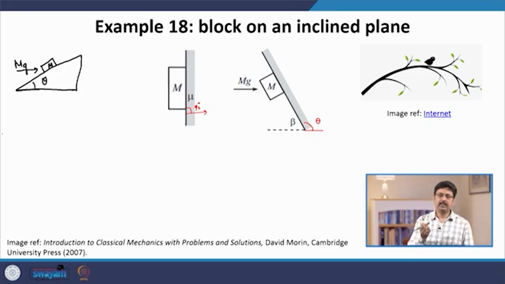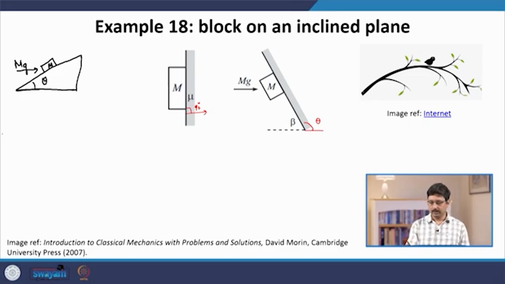Now, imagine that there is an ant standing still on a wall. This vertical position could be an ant on a wall, and similarly this situation where the angle is greater than 90 degrees. If you are still not convinced that theta can be greater than 90 degrees, look at this picture of a tree branch, a natural example of an inclined plane.